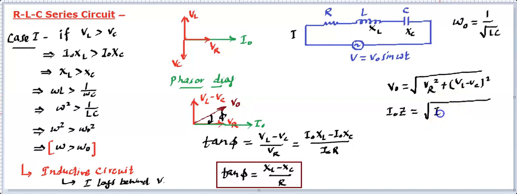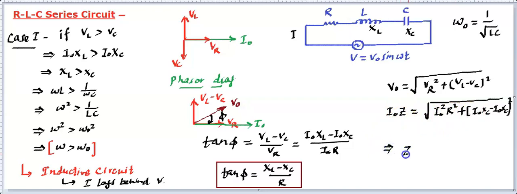You'll find it's going to be I naught squared R squared, plus within this bracket I naught XL minus I naught XC whole squared. Makes sense? So I naught squared will be taken outside, then outside this square root it will be I naught, and I naught will get cancelled out.